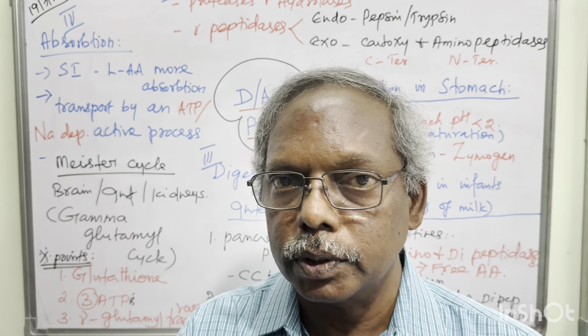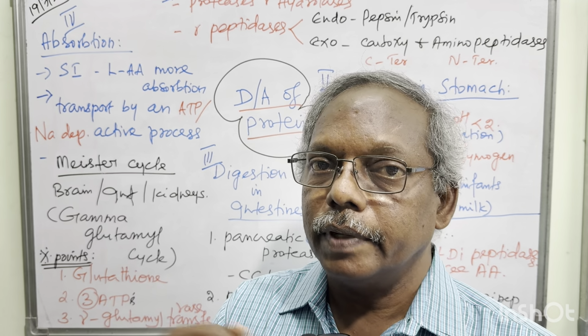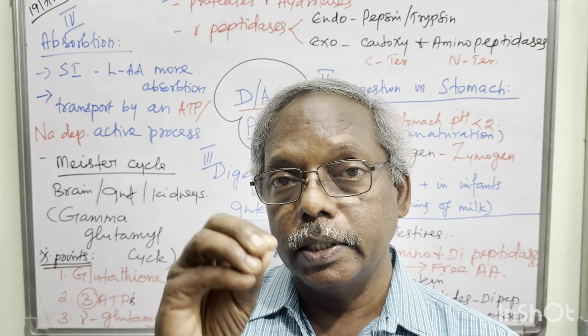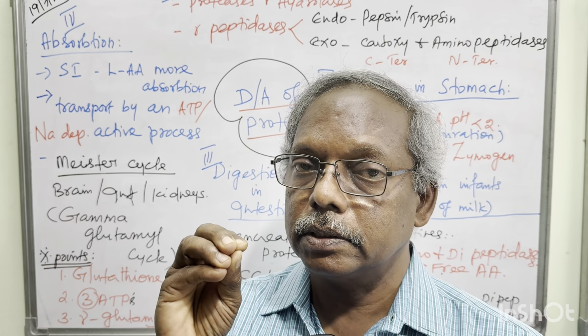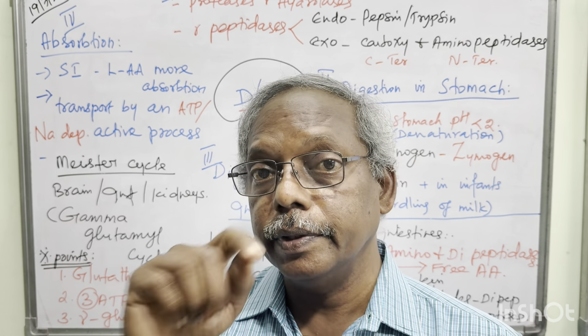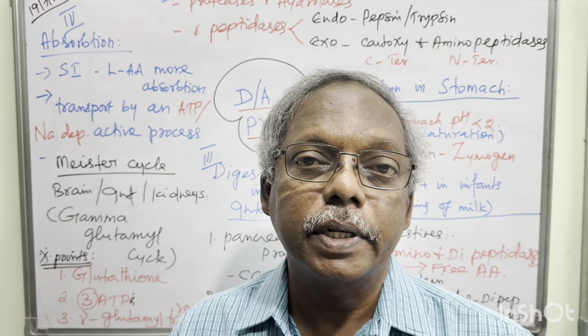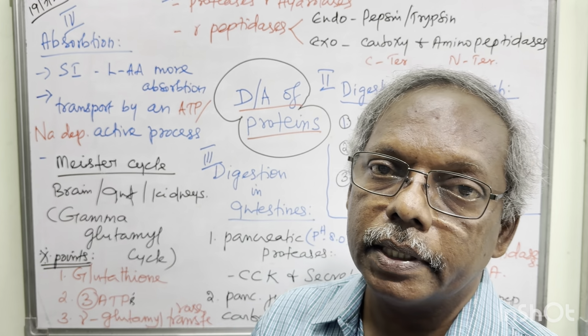First, you should know the role of glutathione, where it is synthesized from, and how many ATPs are utilized for the production of this Meister cycle, the continuation of the Meister cycle. Third one is the name of the enzyme involved, gamma glutamyl transferase. These are the 3 important points for your Meister cycle.